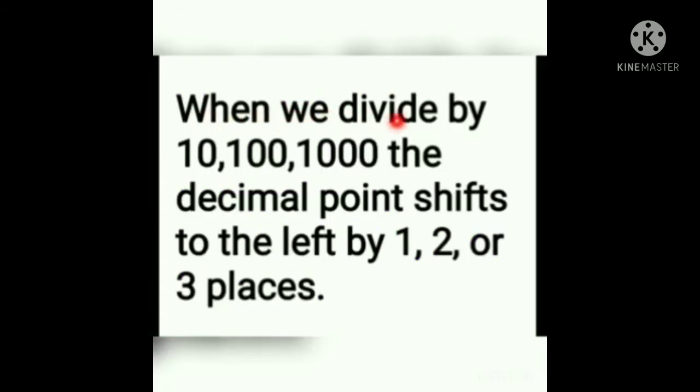When we divide a decimal number by 10, 100 or 1000, the decimal point shifts to the left by 1, 2 or 3 places. This 1, 2 or 3 places depends on if it is 10, 1 place, 100, 2 places, 1000, 3 places. So what is the main point here? The decimal point shifts to the left. That is, in multiplication it is moving to the right. Then if it is division, the decimal point moves to the left.